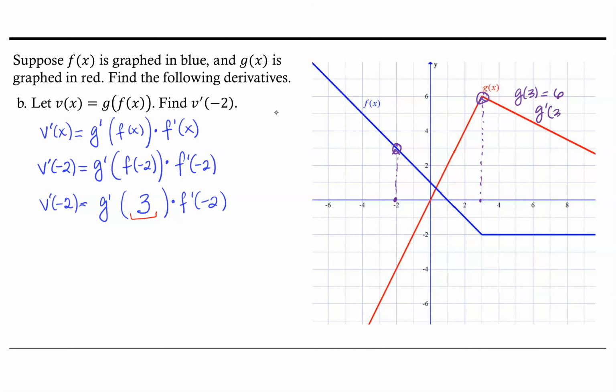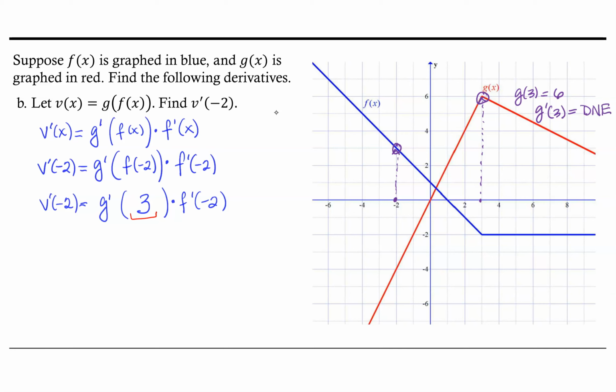But notice that we have a corner there. And so we know that in locations where there is a corner or a cusp or some more indeterminate behavior, the derivative does not exist.